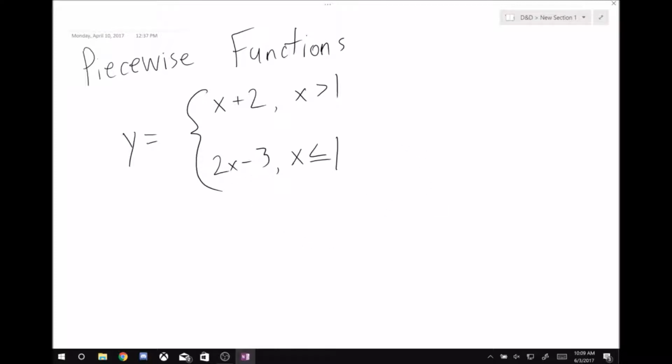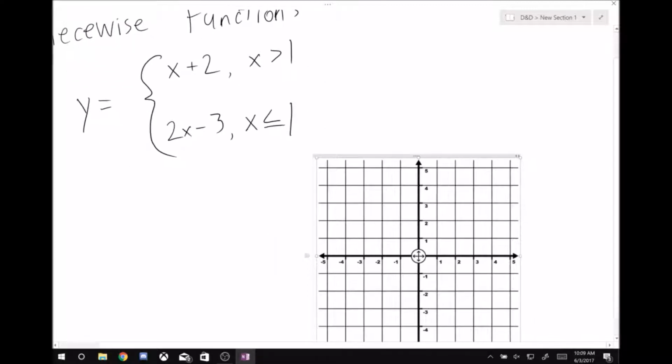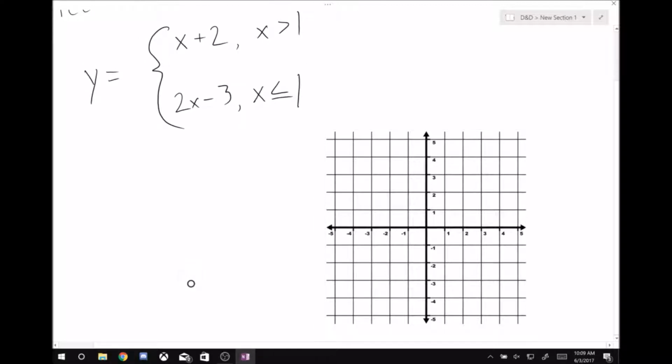So for an example of this, I've gone ahead and gotten this coordinate grid, which should work okay for us. I'll just scoot me down here. There we go. This says that it wants y equals x plus 2 when x is greater than 1, and y equals 2x minus 3 when x is less than or equal to 1, okay? Well, the point that I'm going to start at is x equals 1, and I'm going to check that for both of them.